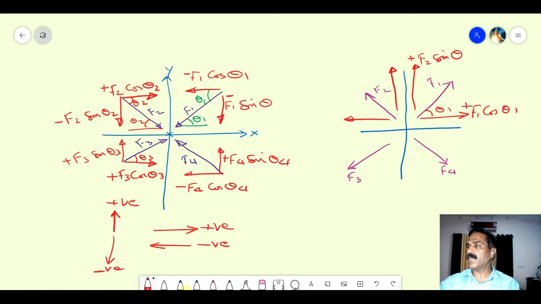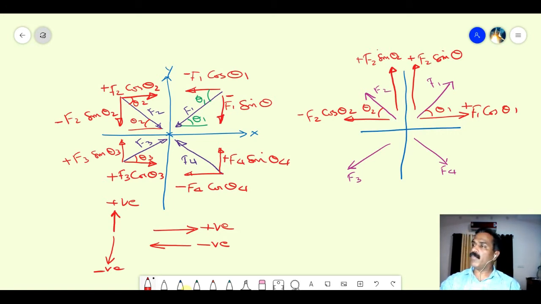So this is F2 cos theta 2 and this is F2 sin theta 2, where this angle is theta 2, which is with respect to the horizontal. Therefore, this is F2 cos theta 2.